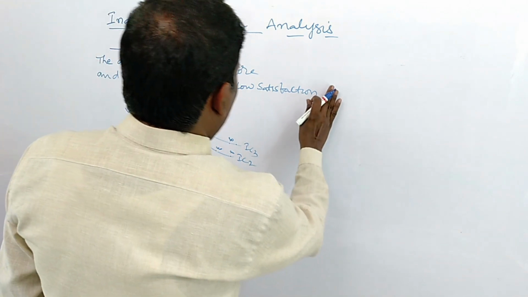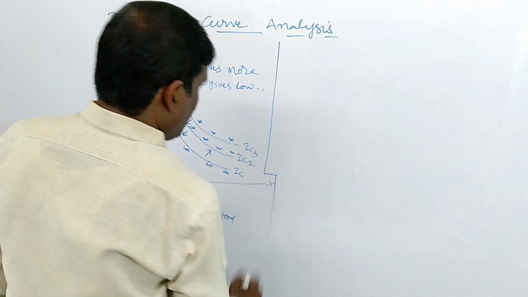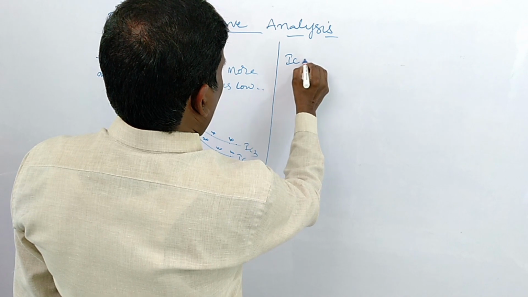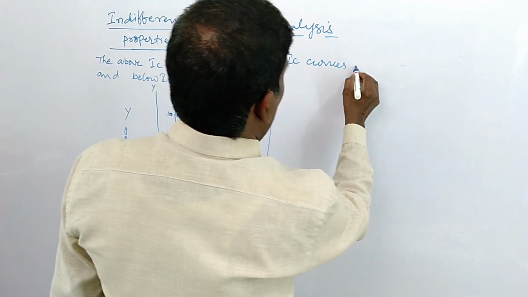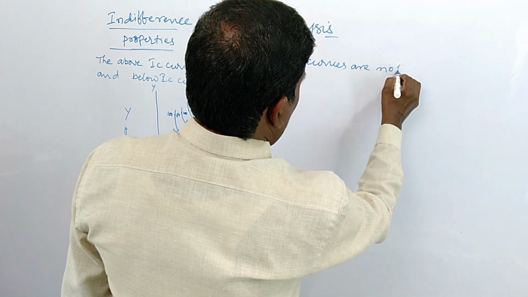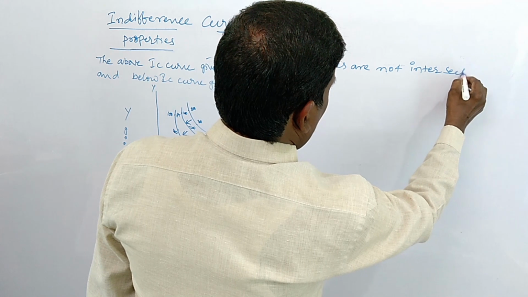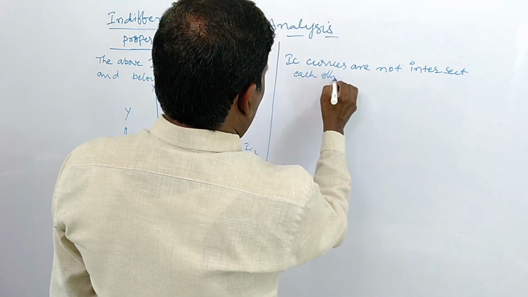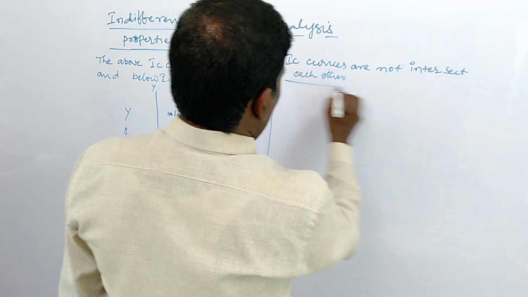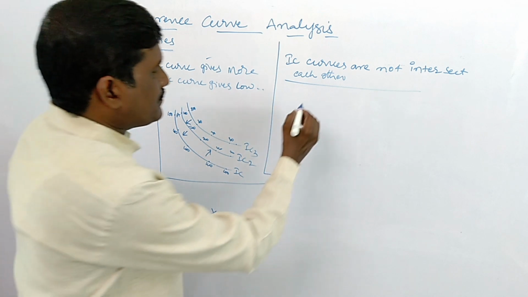And next one is, IC curves do not intersect each other.